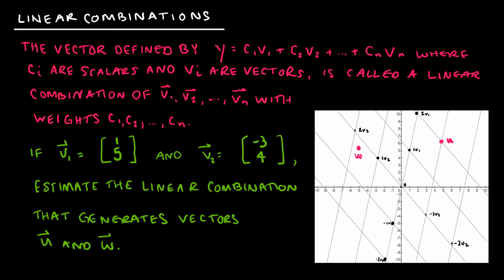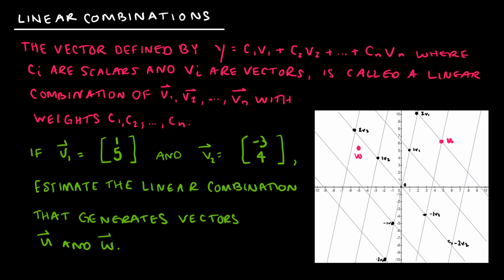And then I did the same for v2 at -3, 4, and then 2 of them, -1 of them, -2 of them. And then I took my ruler and drew in essentially a grid that connected all of the v1s and then that same line through -1 v2 and -2 v2, etc. So you can see exactly what I've done here.